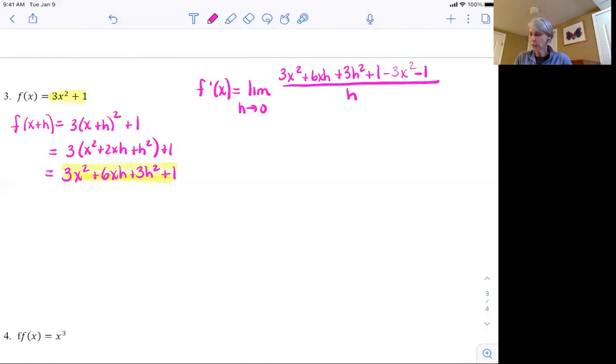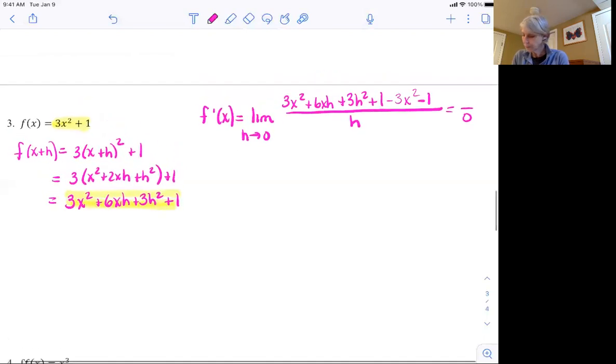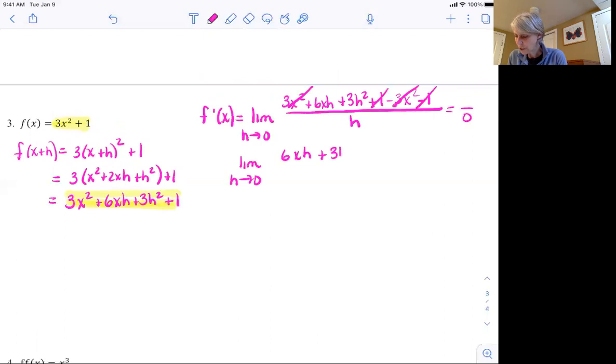So you can start cleaning up now because we know we're going to get a 0 on our first plug-in. We're going to get a 0 in the denominator. My 3x squareds are going to cancel. My 1s are going to cancel. I'm left with the limit as h approaches 0, 6xh plus 3h squared over h. Factor out.